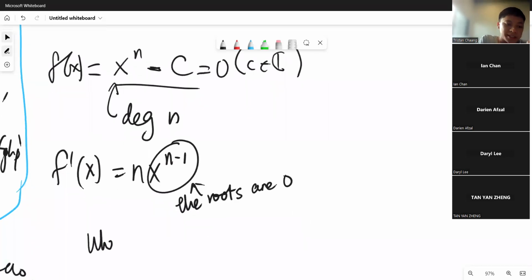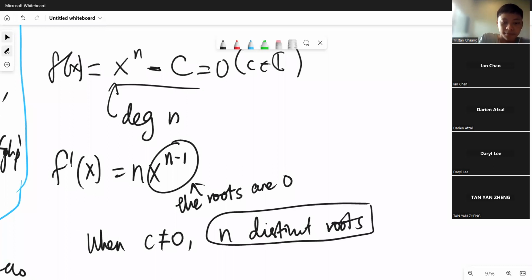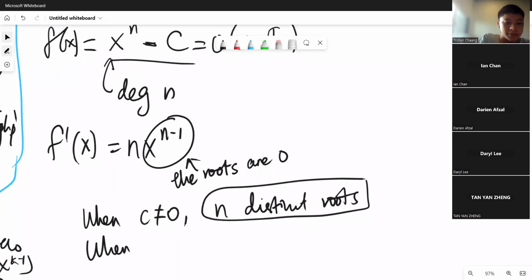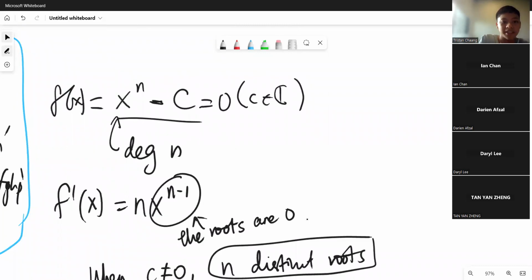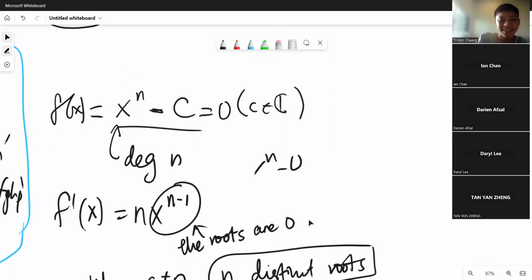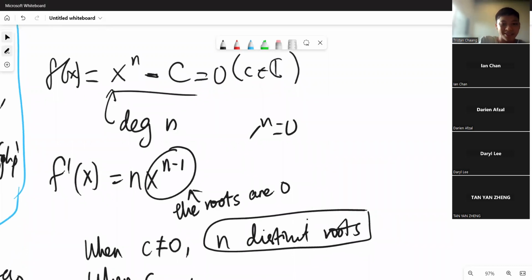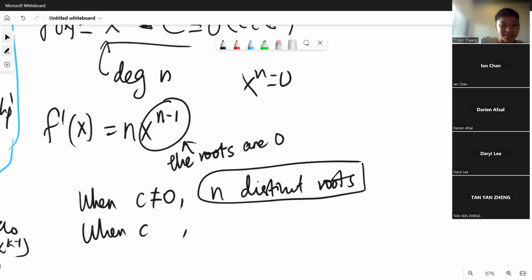So when c is not 0, there are n distinct roots. When c is 0, well, x to the power of n is 0. That's obvious. There's only one root, just x equals 0. So one root.